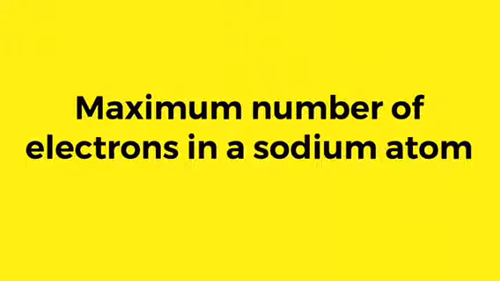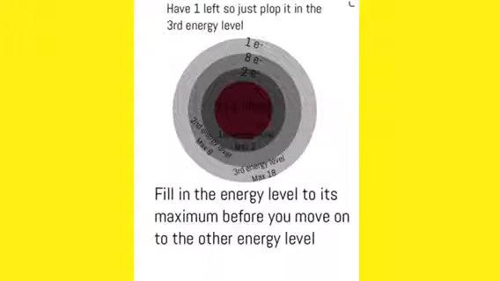Let's find the maximum number of electrons in the energy levels of a sodium atom. So, a sodium atom consists of 11 electrons. So let's look at the first energy level. The maximum is 2. So we put 2 in there.